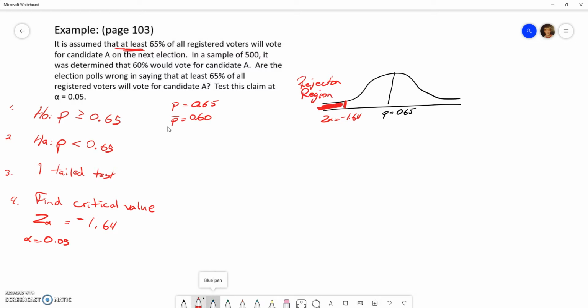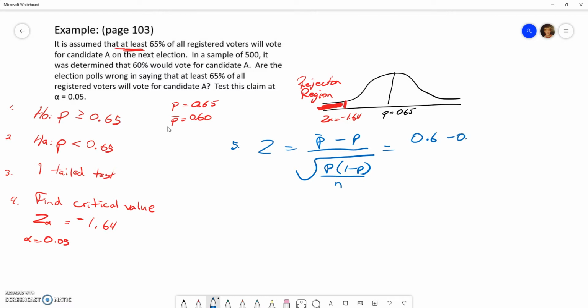We can go into step 5, which is calculating the test statistic, which is sample proportion minus the population proportion over the standard error. So 0.6 minus 0.65, divided by the square root of 0.65 times 1 minus 0.65, which is 0.35, over a sample of 500.